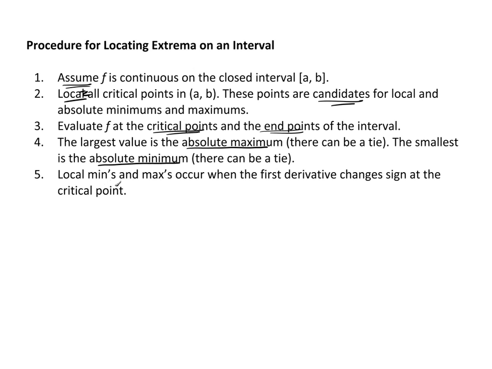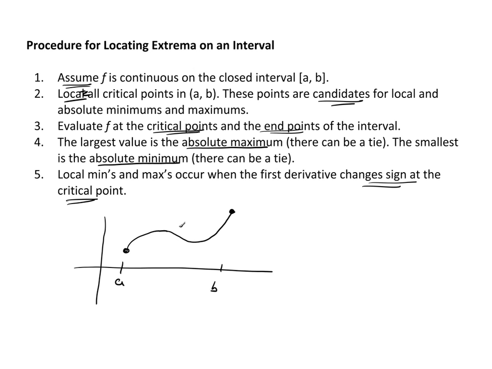Local mins and maxes occur when the first derivative changes sign at the critical point, which is kind of obvious in a way. If you draw a picture, let's just say I have this interval from a to b, and I'm looking at something that looks perhaps like this. Now this right here is going to be a local max.